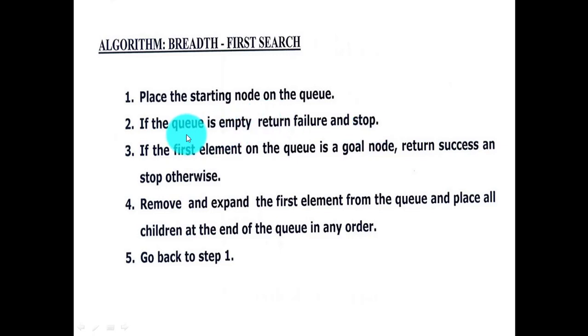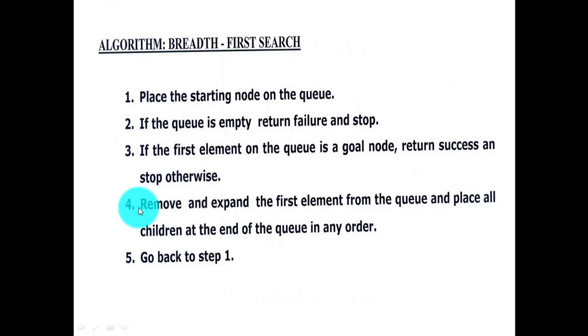Means if there is no node in the queue, we return failure and stop the search. Step 3, if the first element on the queue is a goal node, then return success and stop. Means if the first node in the queue is itself a goal node, then our search is a success, and we stop.